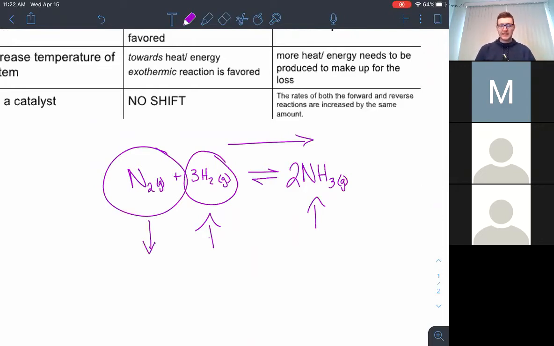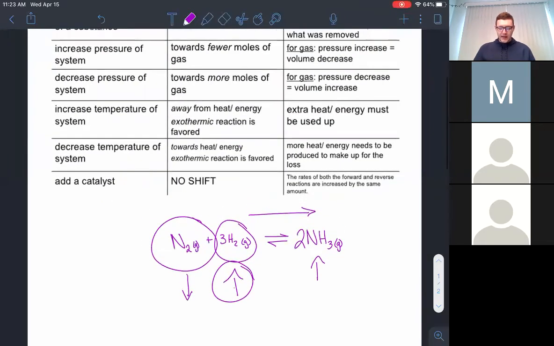So this actually decreases. If you increase one reactant, the other reactant that's being used up is going to decrease, because more of that nitrogen gets used up to make that ammonia at the end. Does that make sense? Yeah. All right. So that's just about concentration.